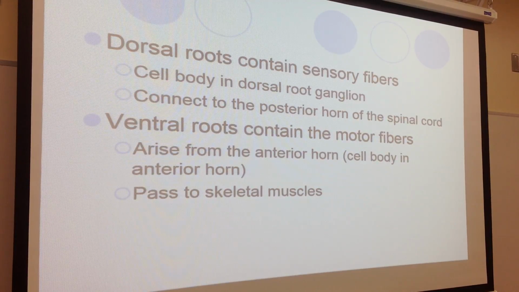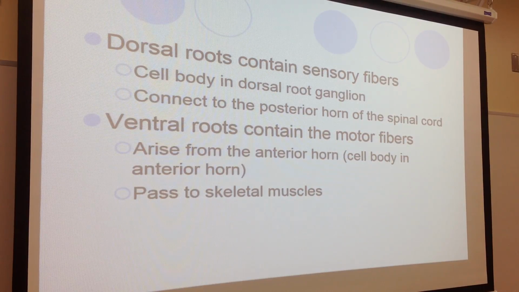Now, what about them? Dorsal roots contain sensory fibers. The cell body for those is in the what? The area outside of the central nervous system that contains cell bodies. Dorsal root ganglion, right? That's where it is.